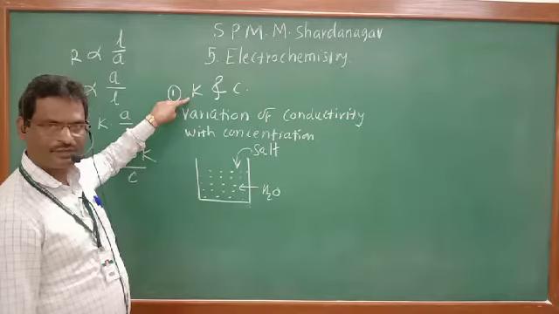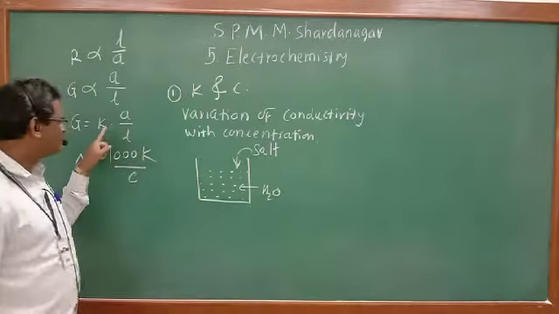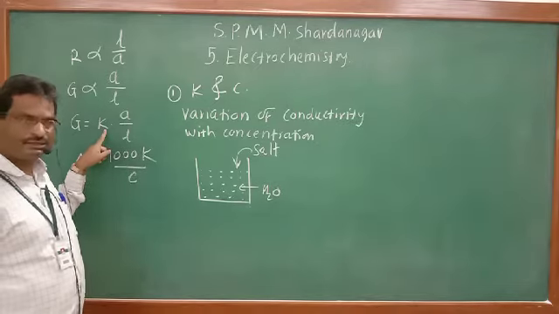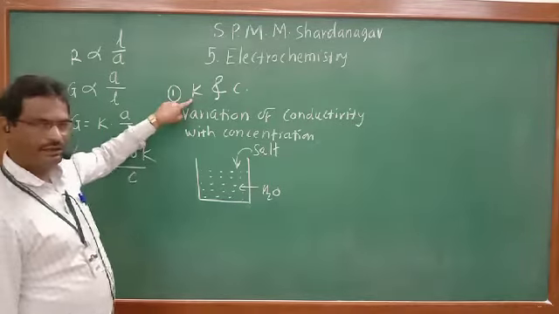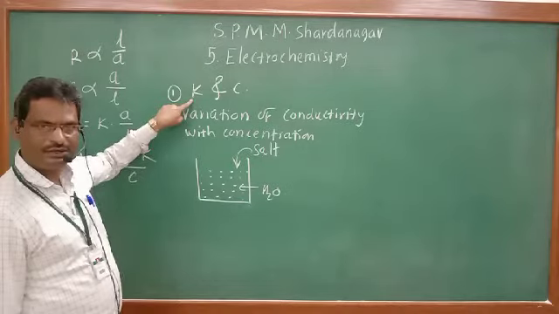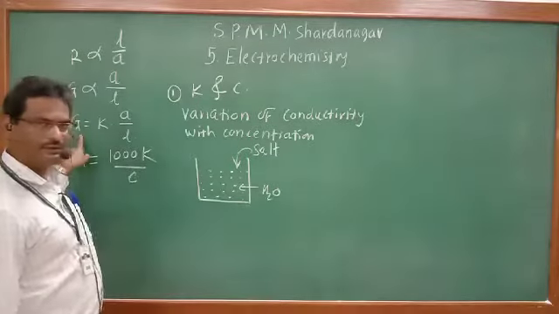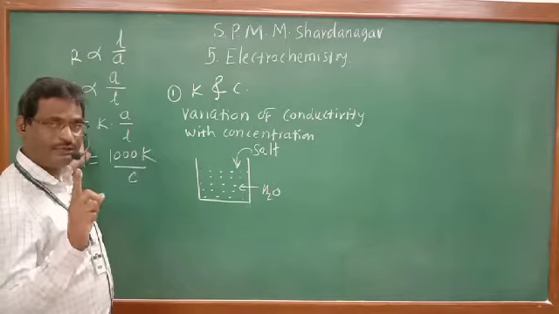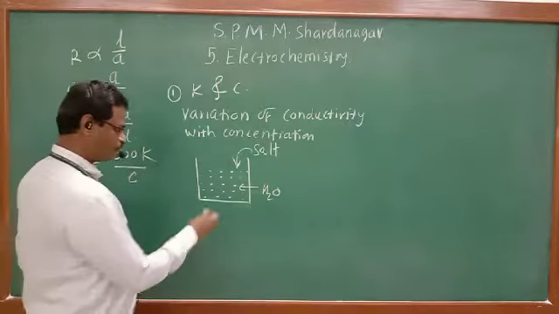Conductivity K, theoretically, by this equation, we know the definition. Conductivity K theoretically is the conductance of all ions present in 1 centimeter cube volume.